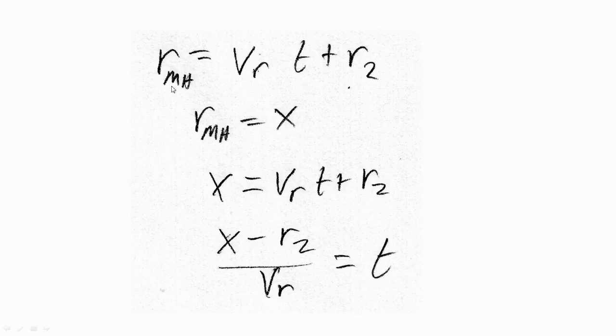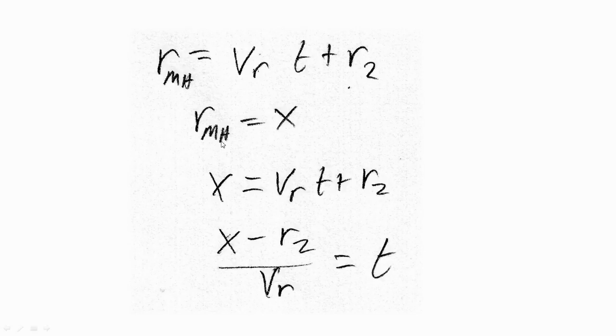Newtons all around. So next we're going to find the time when the meteor hammer intersects with the flail. So r of the meteor hammer equals vr t plus r2, where vr is the velocity at which the radius is increasing, t is the time, and r2 is the initial radius.